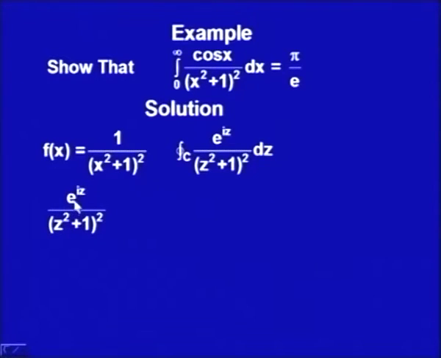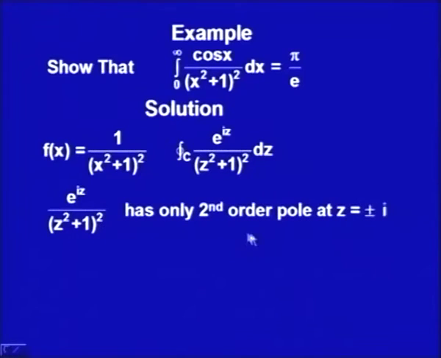Now, let us see this integrand, e to the power i z upon z square plus 1 whole square. The denominator thus has zeros at plus minus i, and both the zeros are of order 2. So, this function will have only second order poles at z equal to plus and minus i.